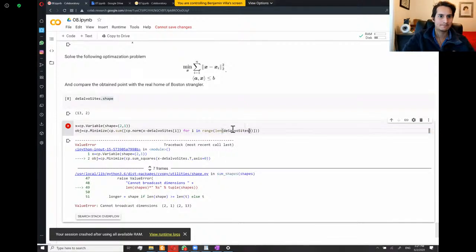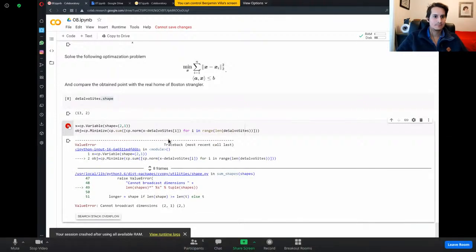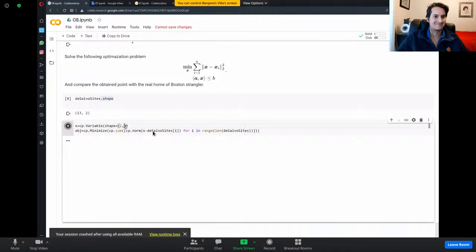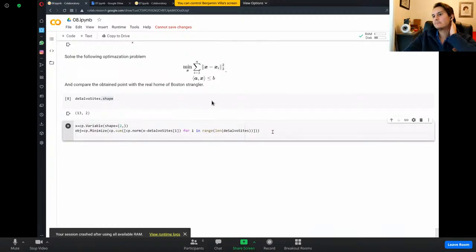That. Yeah, I think that should work. Debería. Sí, debería esta vez. Le borramos el 1. Perfect. Listo. Yeah, but now you need to define the problem because you're missing the constraint.